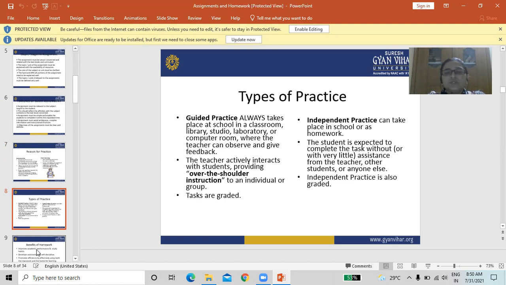The teacher actively interacts with the students, providing over-the-shoulder instruction to an individual or group.